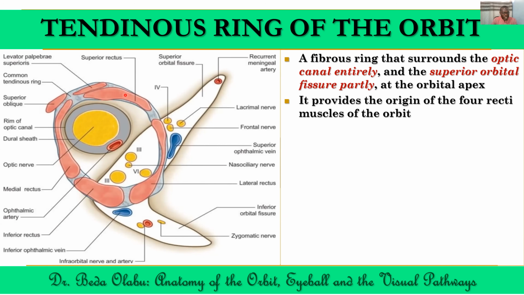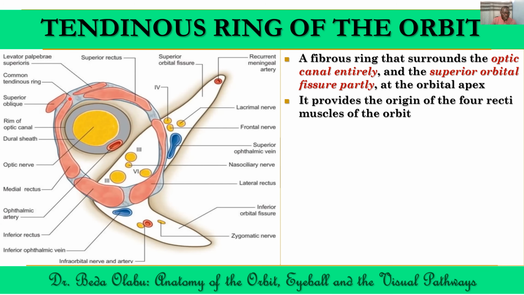So we'll expect the superior rectus, the medial rectus here, the inferior rectus, and the lateral rectus to originate within the ring. But from this image, you can also appreciate that even the other extraocular muscles may partly also be attached to the tendinous ring.